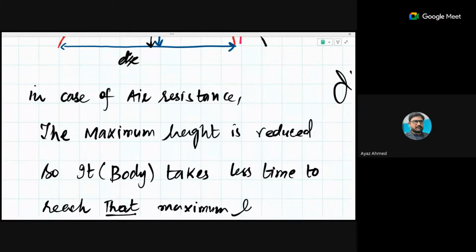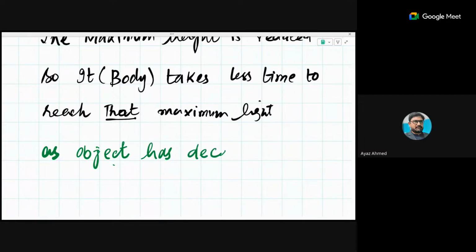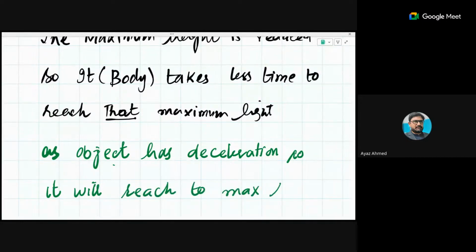There is one other reason which is the most favorite of the examiner: as the object has retardation, or deceleration, it will reach the maximum height quickly.